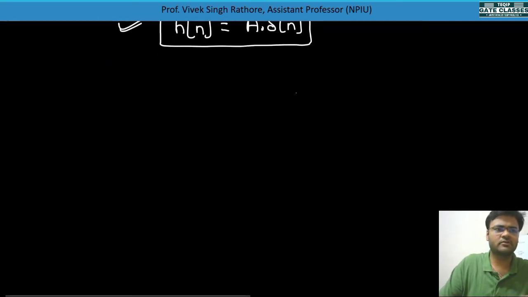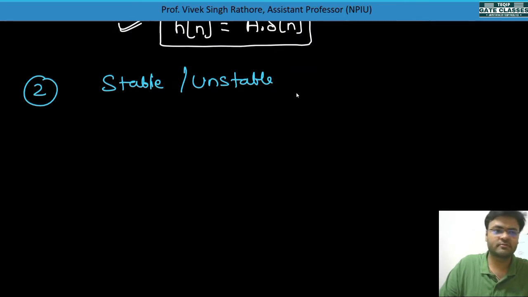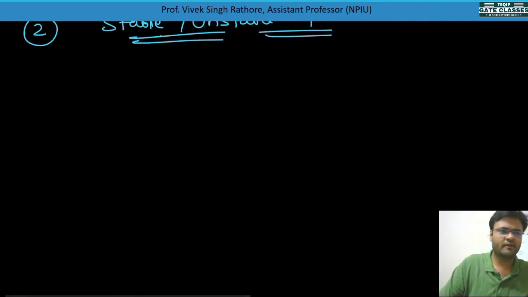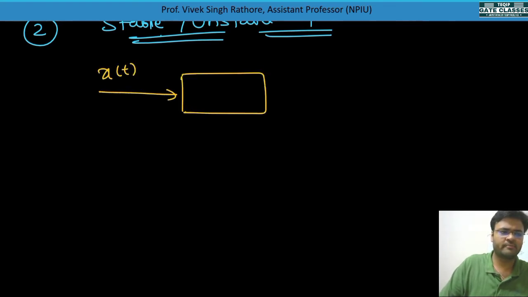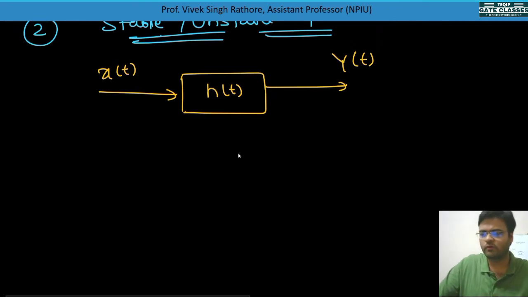Okay, now we'll see another type of classification, that is stable or unstable system. By seeing the impulse response, which systems can be said to be stable or unstable, we'll see it. See, if you are giving input as x of t, and there is an impulse response h of t, and you are getting output as y of t.